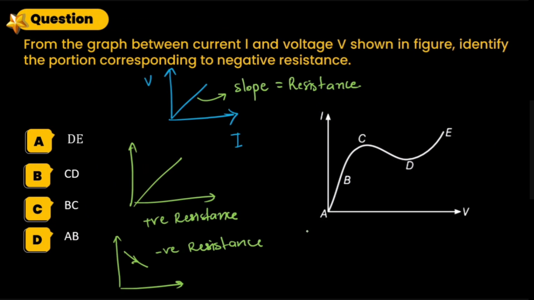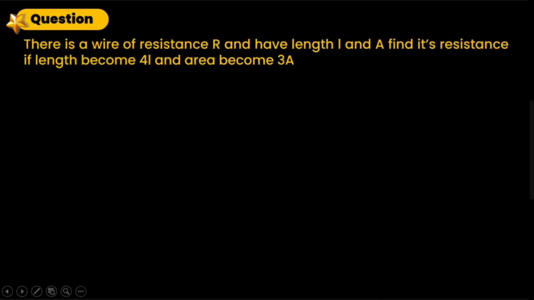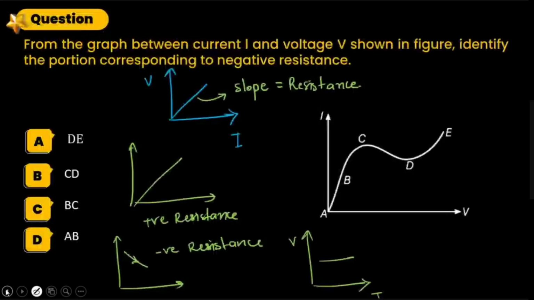Some materials' VI curve might also look like this, a line parallel to the current axis. So this means that resistance is not variable.